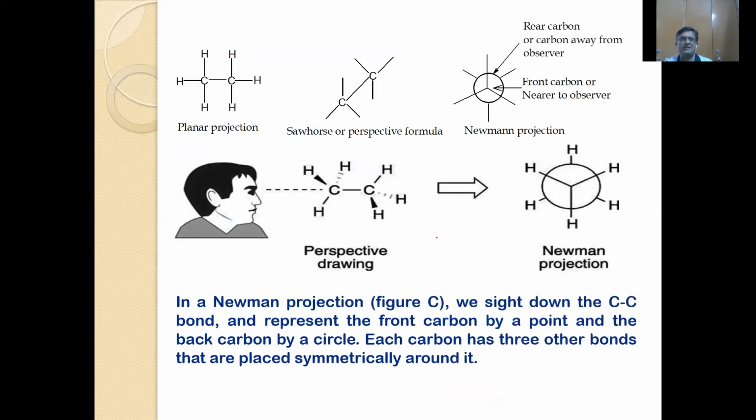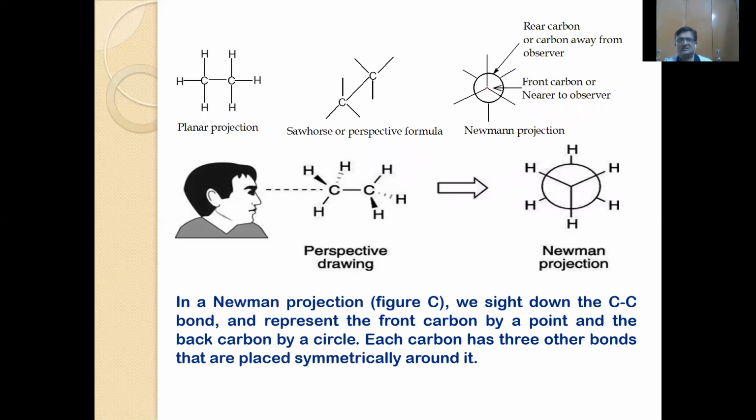Let us see. This is the planar projection, the normal chemical formula. This is a Sawhorse projection, the perspective formula. And this is a Newman projection.